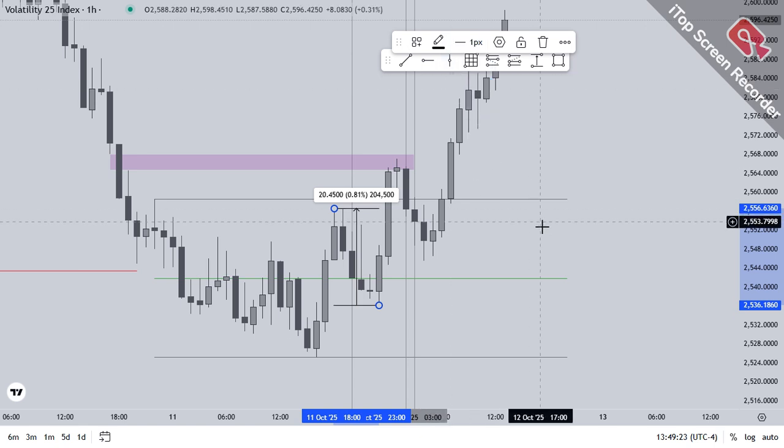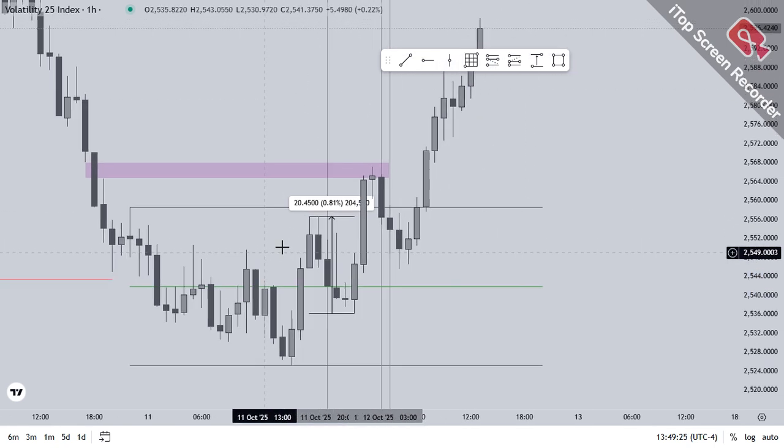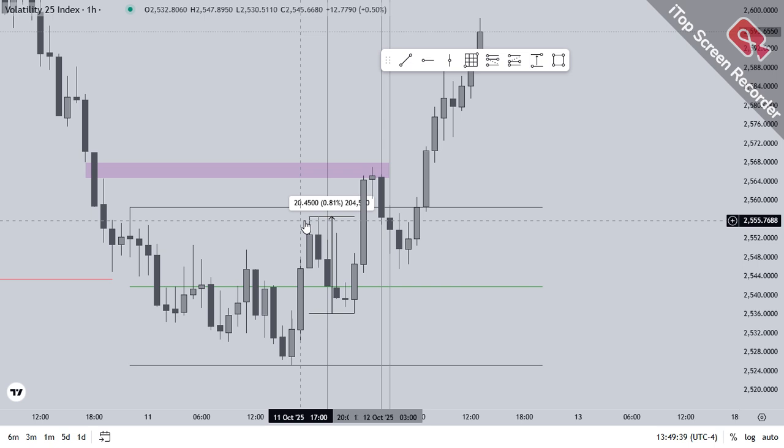So with this 20 pips, if we do our calculations, we have 20,000 divided by 2600.